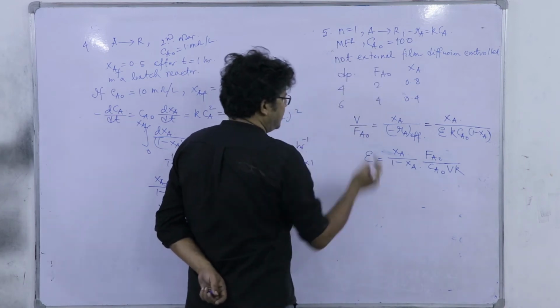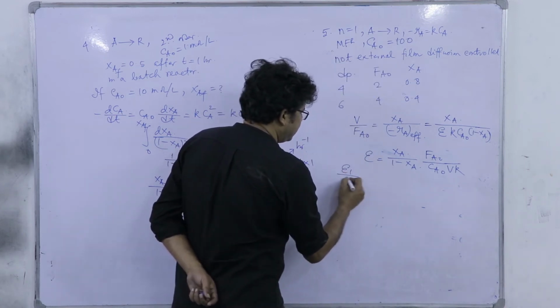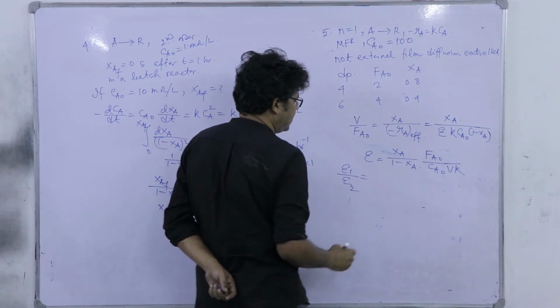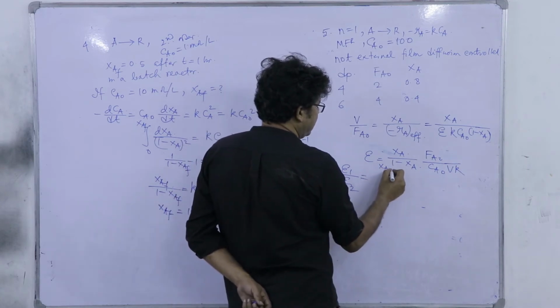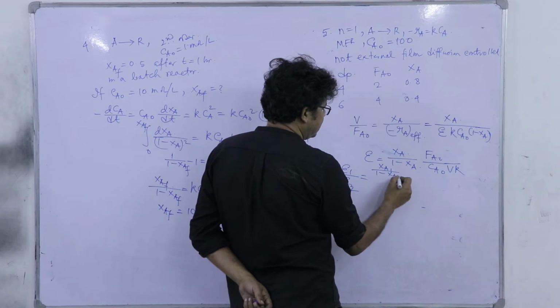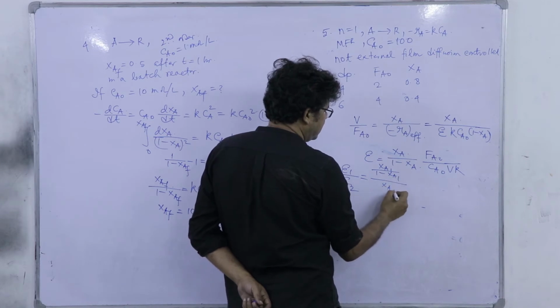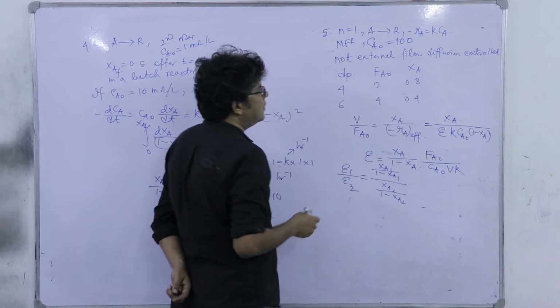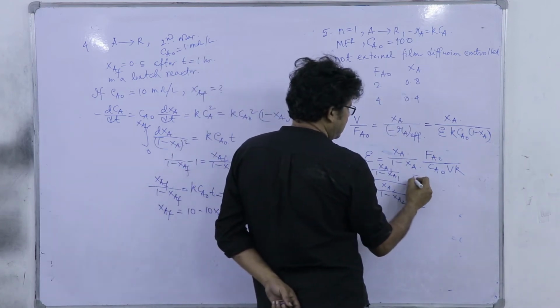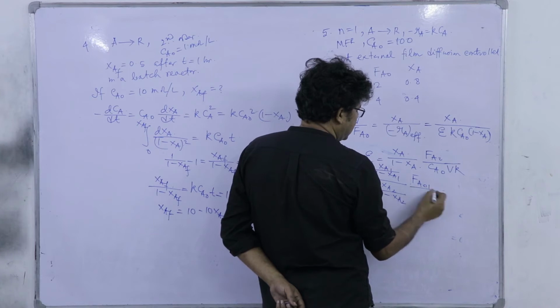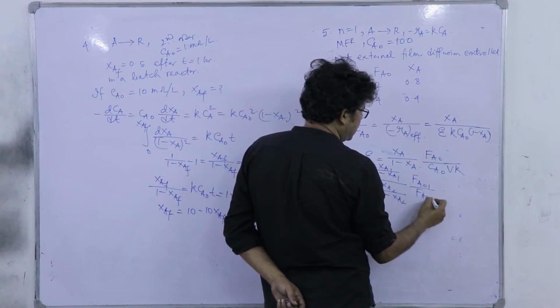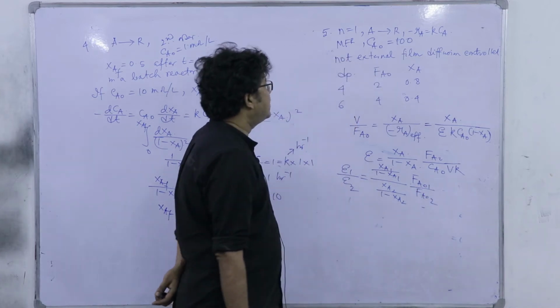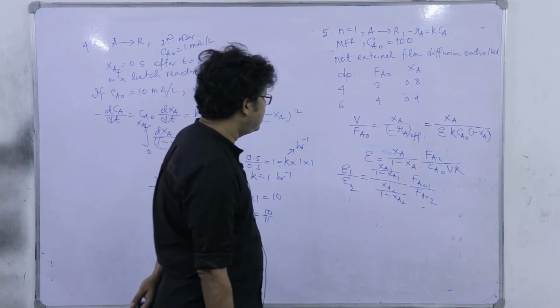So there are two data points given, right? So let's find out epsilon 2 by epsilon 1. So Xa1 divided by 1 minus Xa1, divided by Xa2 by 1 minus Xa2. Ca naught is fixed for two cases. So Fa naught 1 by Fa naught 2. V and K remain unchanged.